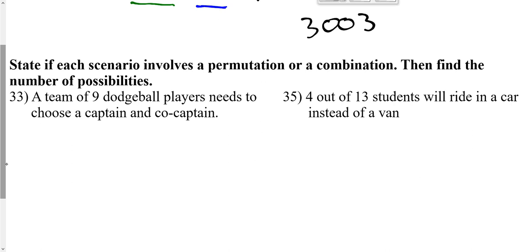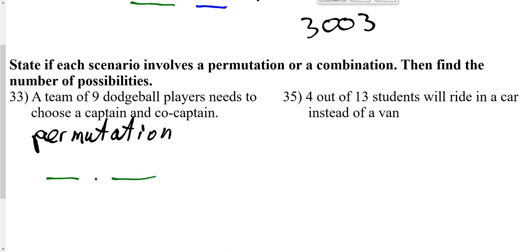So that means it's a permutation. Now, we are doing 2 situations. We have captain, we have 9 options, but now once one person's been selected for your captain, there's only 8 left. And so if you multiply, you get this.